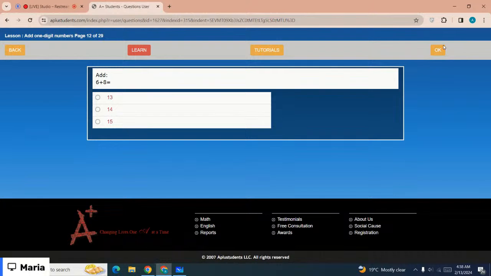Add 8 plus 6, so which is the correct option? The correct option is 14. 8 plus 6 makes 14.